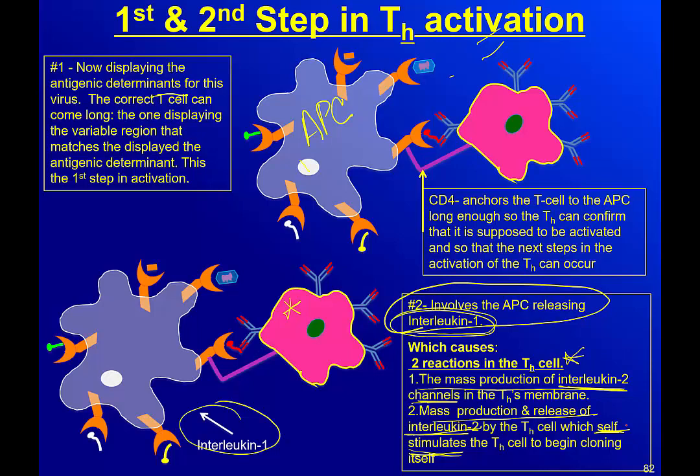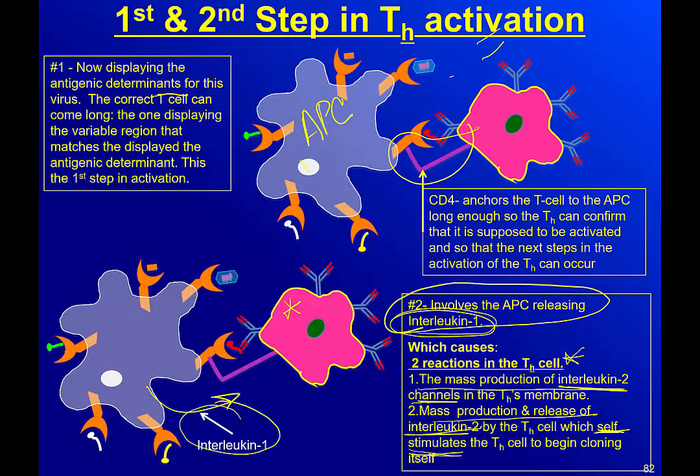Now, let me explain something. This set of steps has several fail-safes. If I can't bind to this and stay bound to it, I'm not the right helper T cell. If this cell doesn't release interleukin-1, I'm not going to make the interleukin-2 channels.